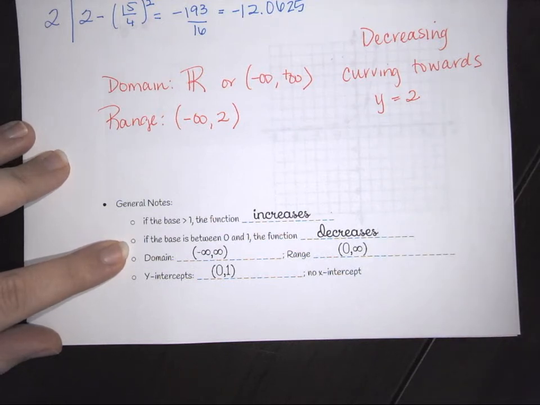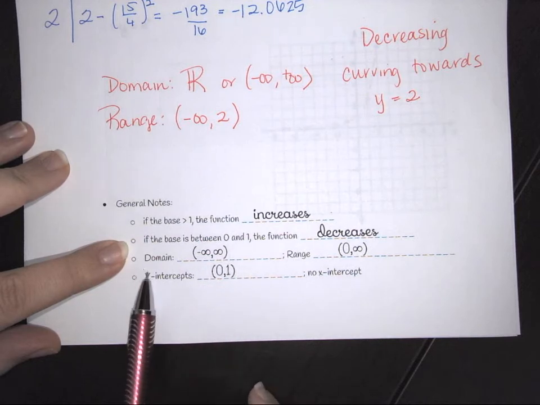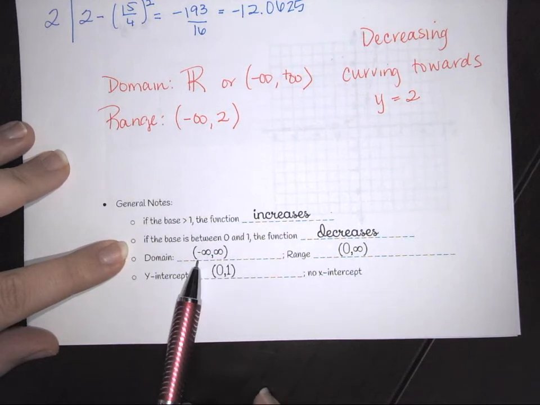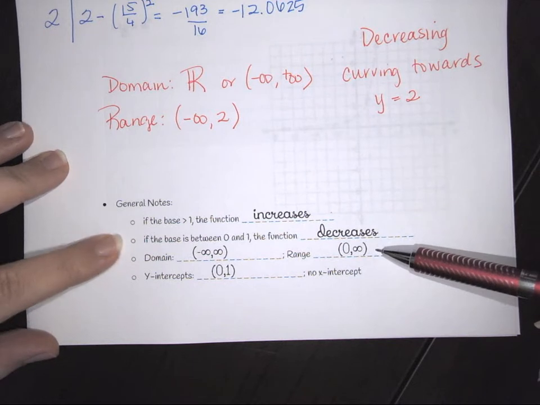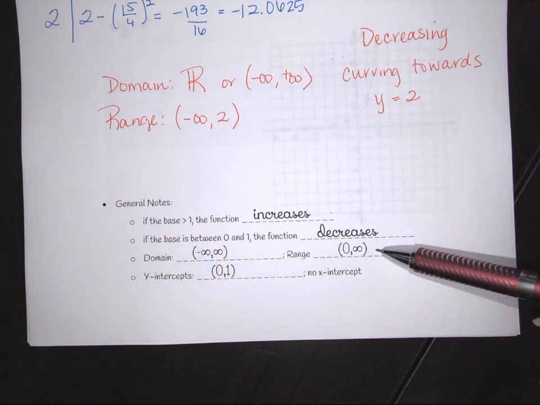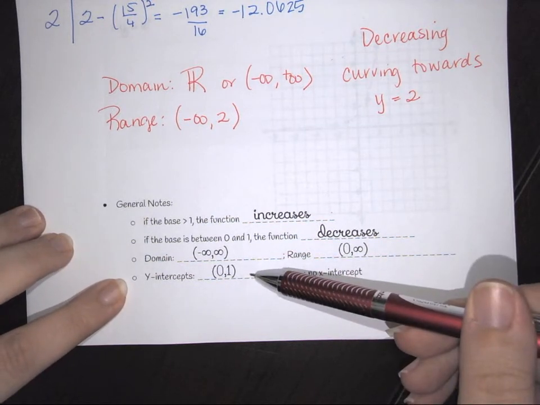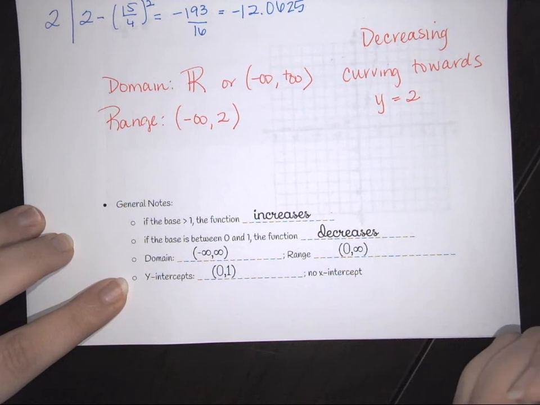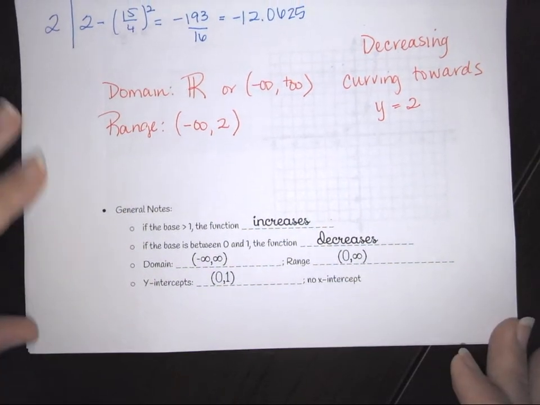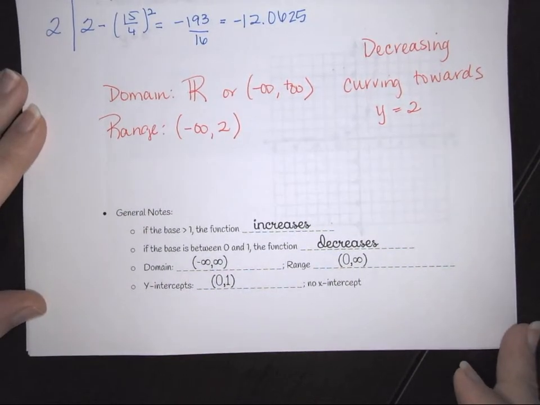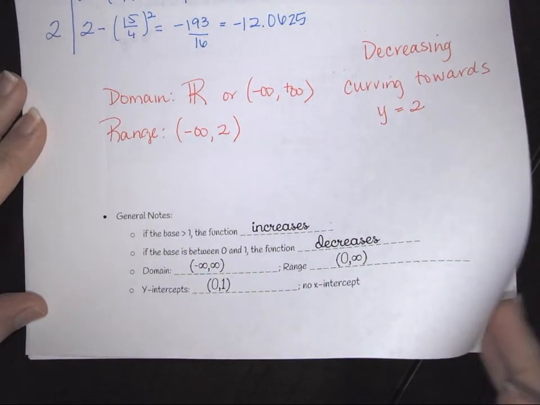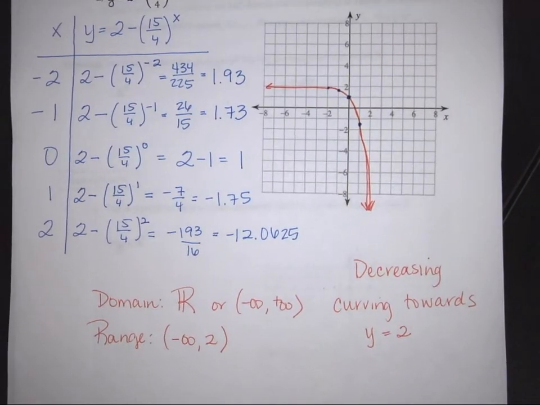For the most part, you are going to have a domain that is all real numbers, but your range is going to go from whatever number you approached to, either up to positive infinity or down to negative infinity. And in most cases, your y-intercept is going to be the point 0, 1. Okay, so those are some facts that we have about graphing your exponents.